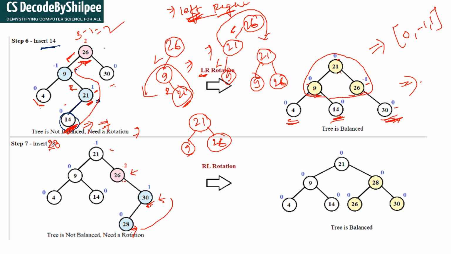Now we start calculating the balance factor from 28 up to 21. In between, if a violation occurs, we stop there.